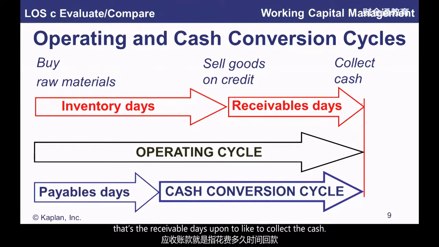So that's then my receivable days up until I collect the cash. So that's your operating cycle. So I bought my raw materials here, but if I bought them on credit, then I didn't actually pay for them until this point here. So if we knock off our payables days, then actually my cash is only tied up in the business for this period here, and that's known as the cash conversion cycle.